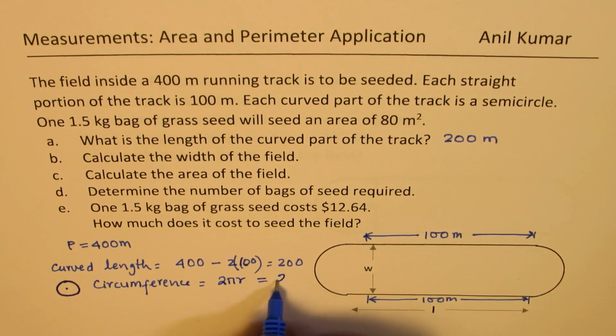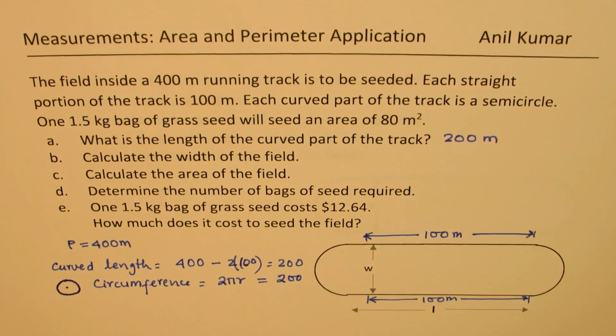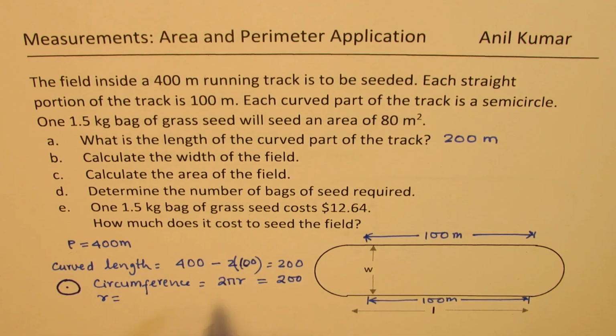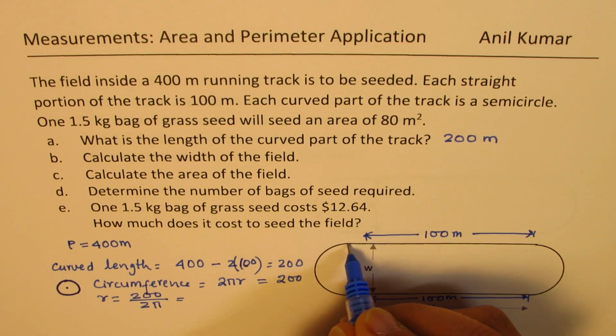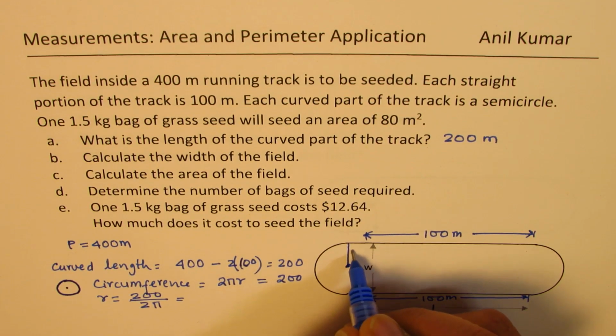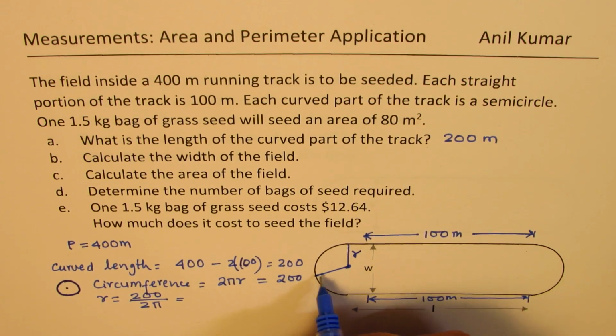And that should be equal to 200. That means the radius in this case will be equal to 200 divided by 2 pi. We're saying for this circle, radius r, right? So that is the radius r.